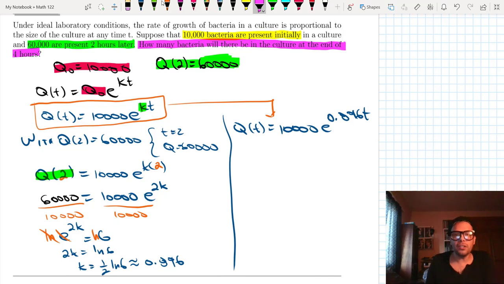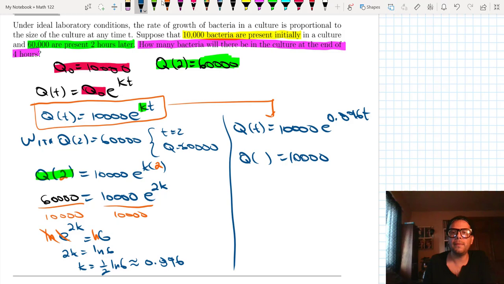Now we can use this function right here to find the value of Q, that is the number of bacteria, at any time: 5 hours, 7 hours, 1,000 hours, etc. In this case, they're asking us to evaluate this for 4.